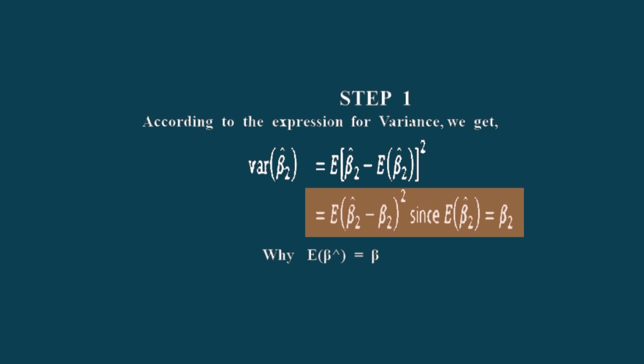Why are we substituting this? Because we have just now proved that beta 2 hat is an unbiased estimator of beta 2, which means that the sample characteristic is basically the true reflection of the population parameter. So we can easily substitute the expectation of beta 2 hat equal to beta 2.